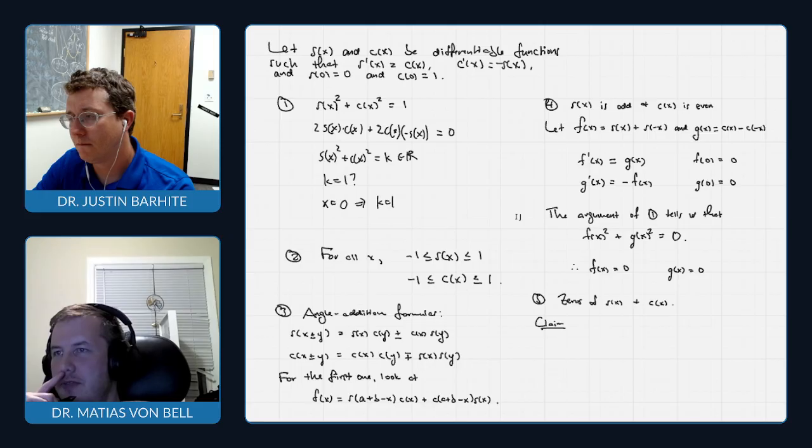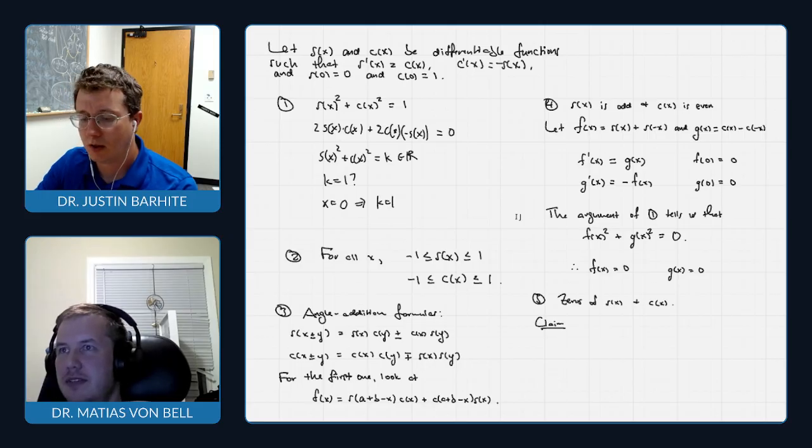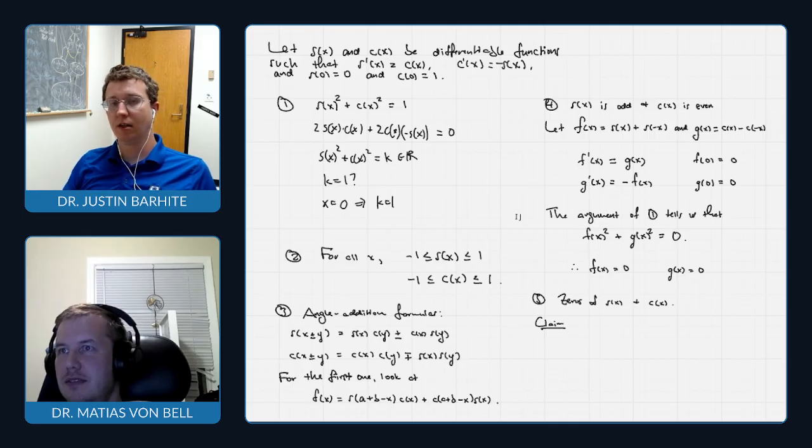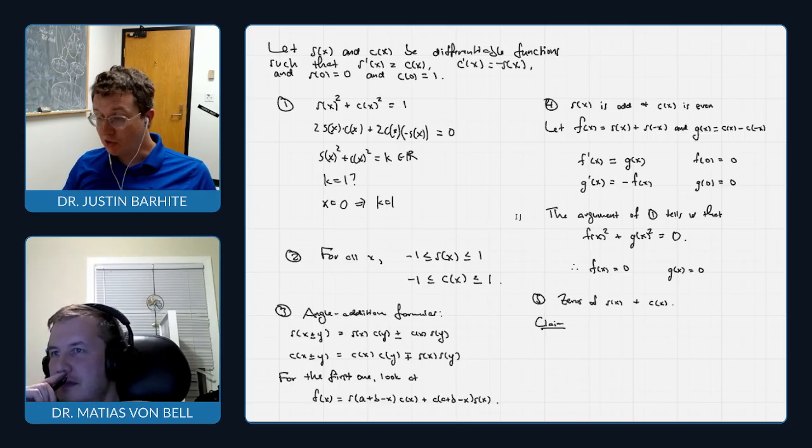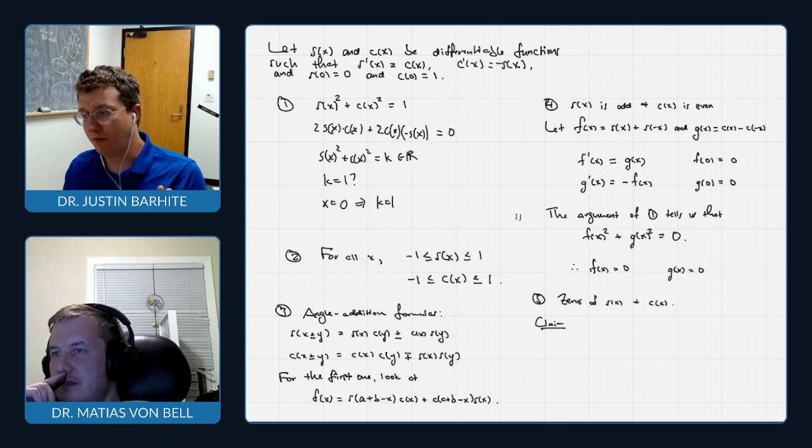Pi is the smallest positive zero of s of x, right, but I'm going to define pi over 2 as the smallest positive zero of c of x. It's just going to be easier if I go with the first place where either of the functions is 0.